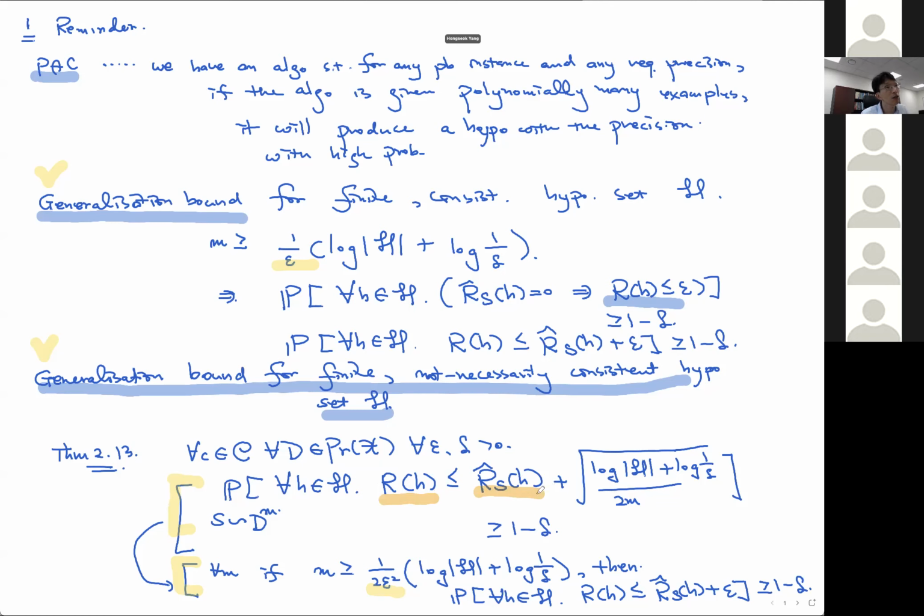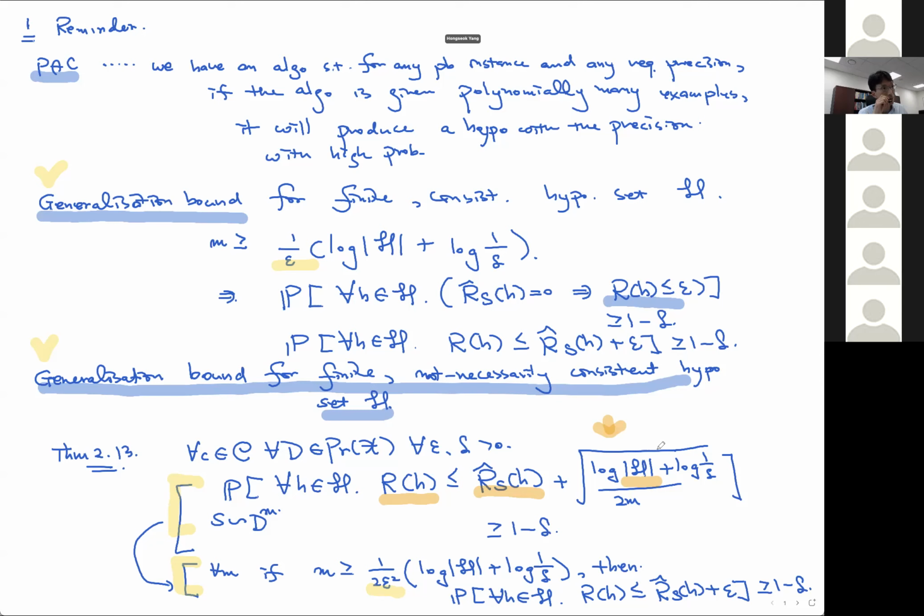Of course, we can't bound R of h by the empirical risk alone, but we have to put some extra term like the one here. But with the presence of the extra term, we can say quite a bit. Furthermore, if we have exponentially many hypotheses, not doubly exponential, but singly exponentially many, then the extra term that we are putting here is going to be polynomial in the size of the problem.